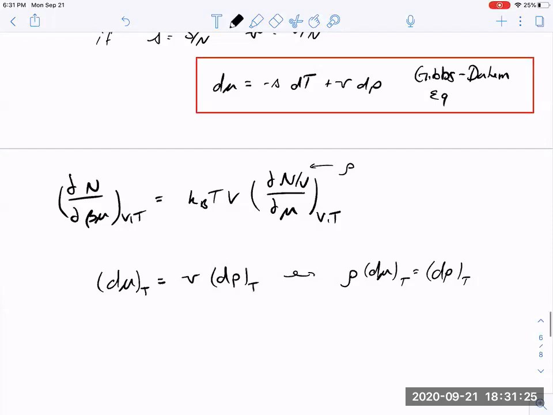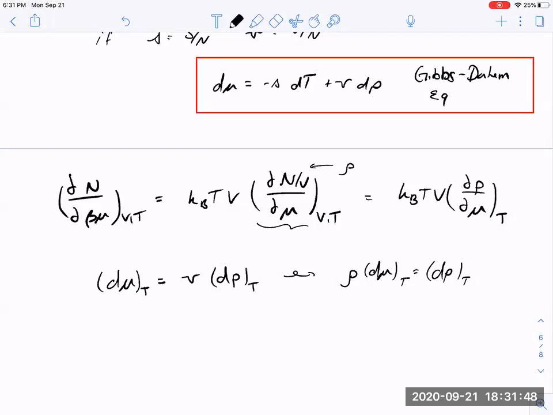Now note, when I introduce rho, k_B T V d rho d mu at constant T, I no longer need to say constant volume because there's no scale in this problem.